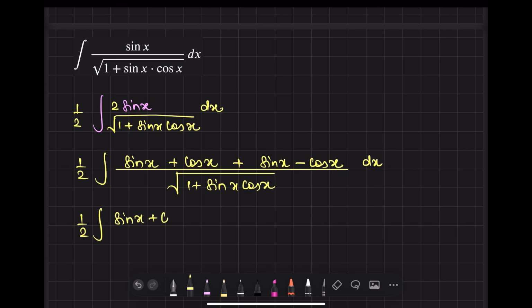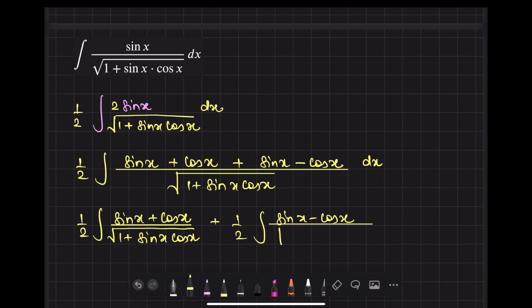Sin x plus cos x upon root over 1 plus sin x cos x plus 1 by 2 integration sin x minus cos x, and then denominator will be 1 plus sin x cos x dx.